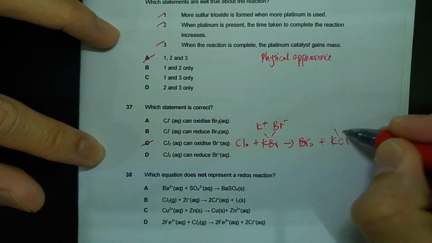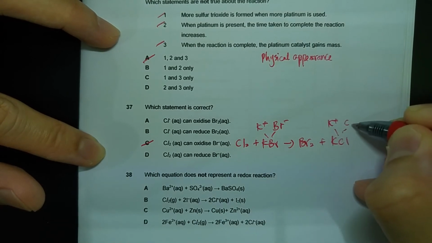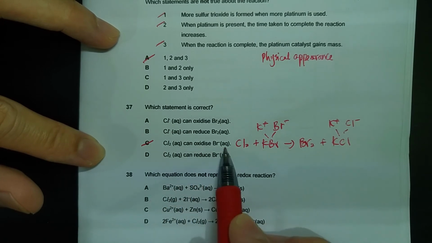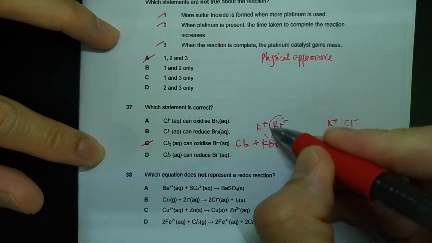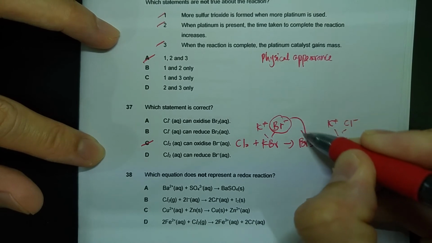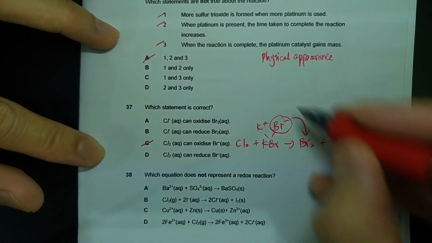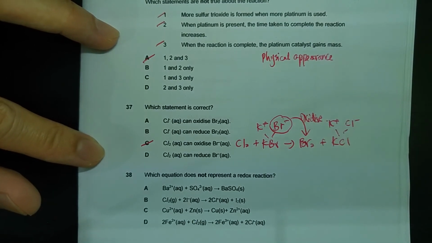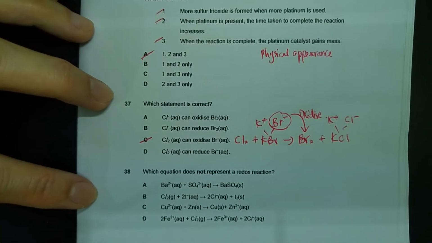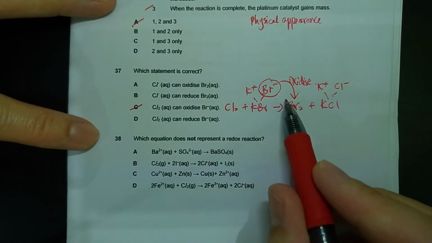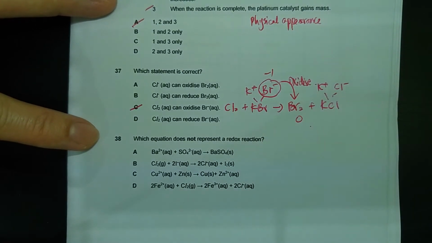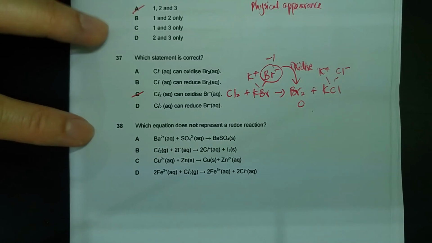KCl again consists of K plus and Cl minus. So Cl2 can oxidize Br minus. Is Br minus oxidized? Br minus becomes Br2. Yes, this is oxidized. You know why it is oxidized, right? Oxidation state -1 to oxidation state 0, an increase in oxidation state, so it's an oxidation.